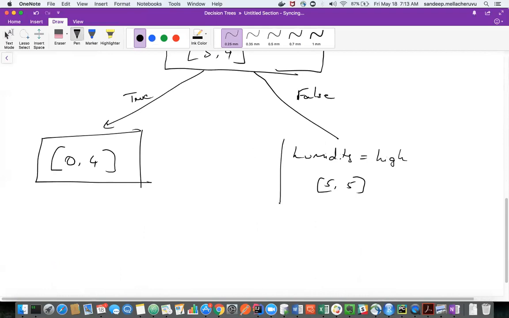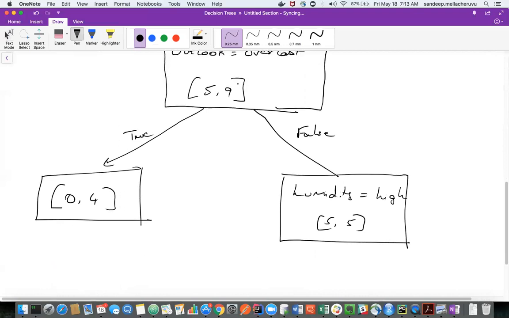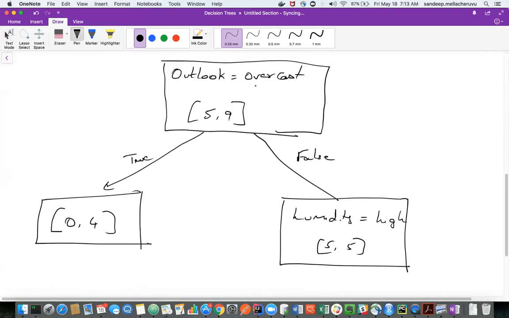When there is a high humid environment, as well as when the outlook is, if you see this tree, outlook is already overcast, as well as humidity is also high. You should read the graph like this. The outlook is not overcast because it is false. Outlook is not overcast, as well as humidity is high.